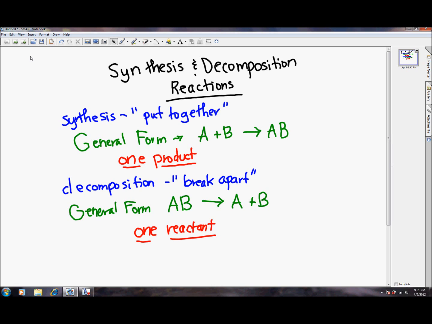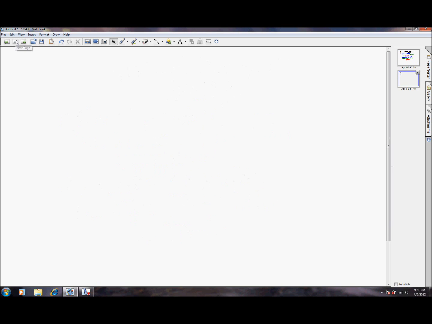Okay, let's just look at a brief example of each one. So this is a quick example of a synthesis reaction.